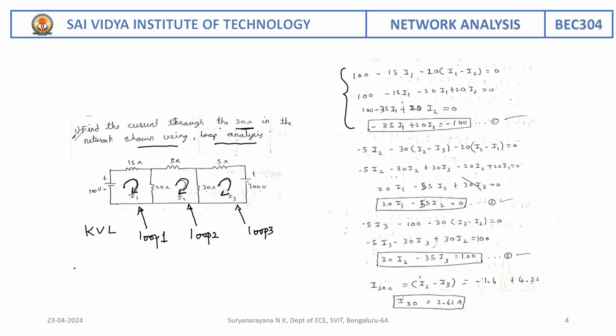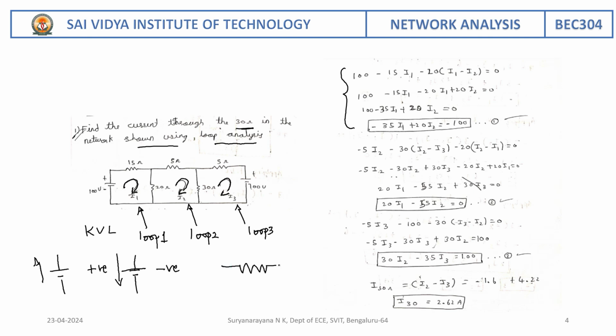So we have to consider the sign convention. If we are moving from negative to positive, we are going to consider that voltage as positive. If we are moving from positive to negative here, while writing KVL, we are going to consider that voltage as negative.